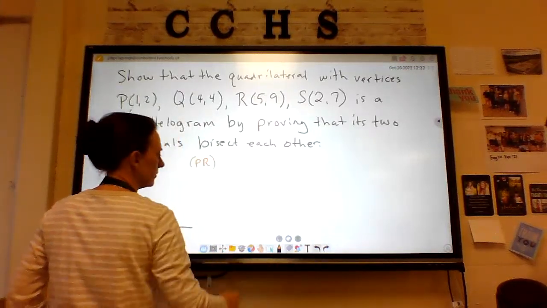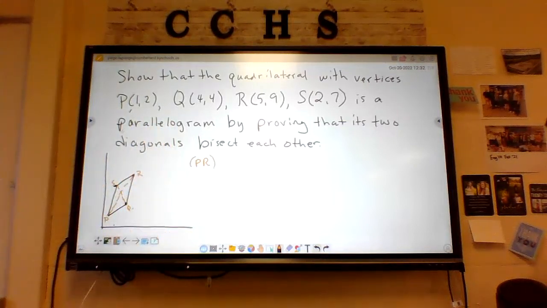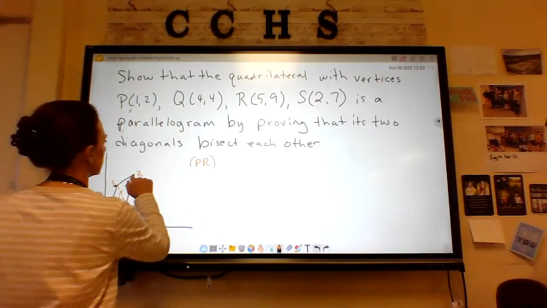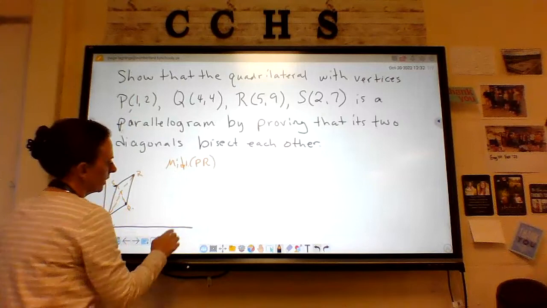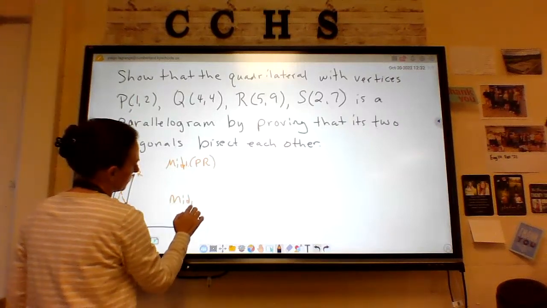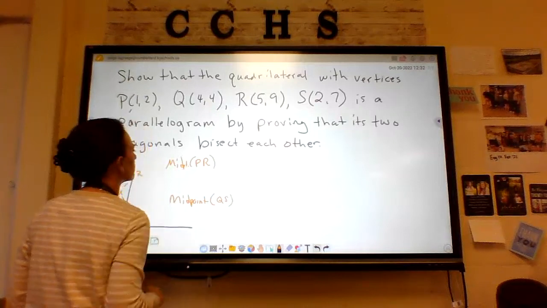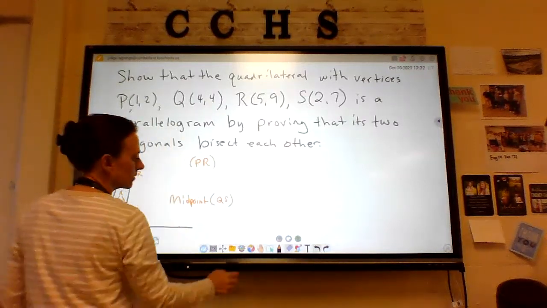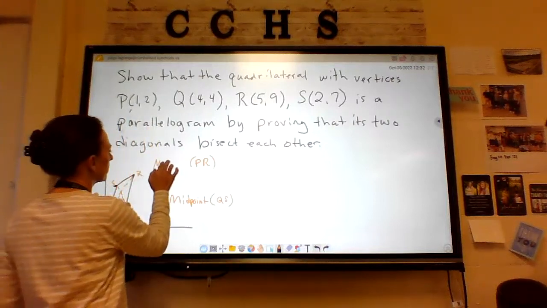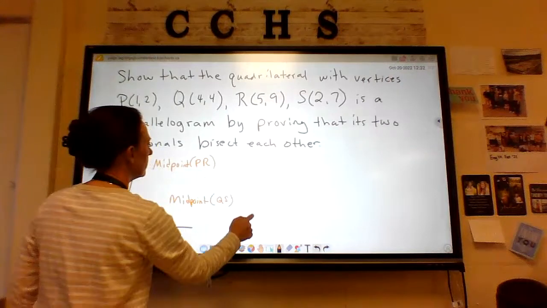I need to know the midpoint from P to R. And I need to know the midpoint for QS. I'm going to put midpoint in here. Let me fix that since it's sloppy. So what's the midpoint of PR?